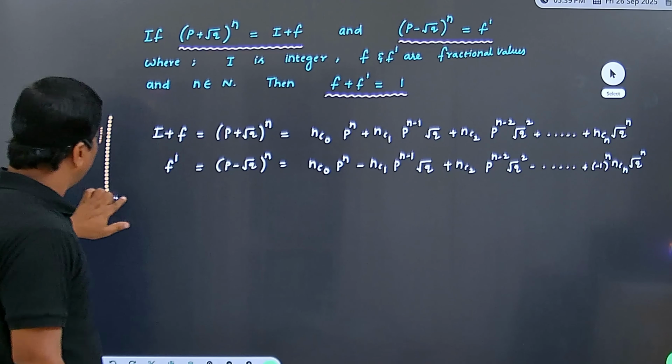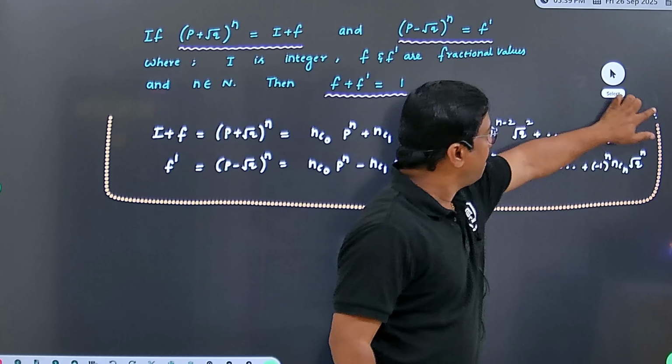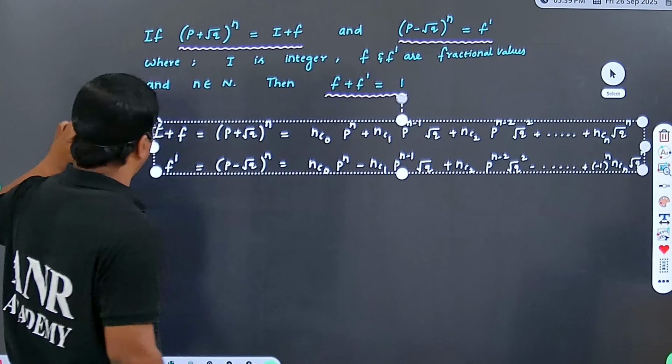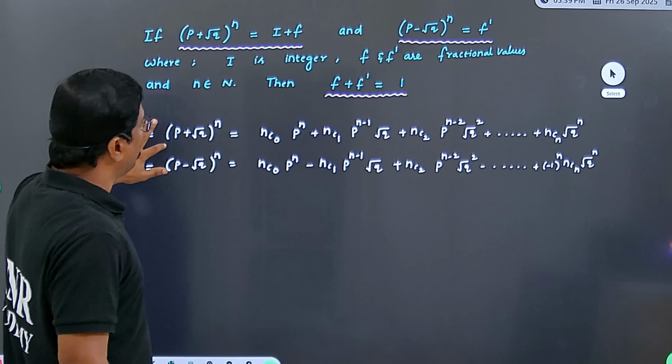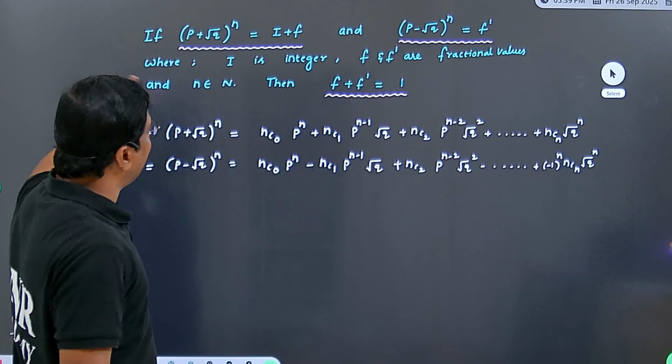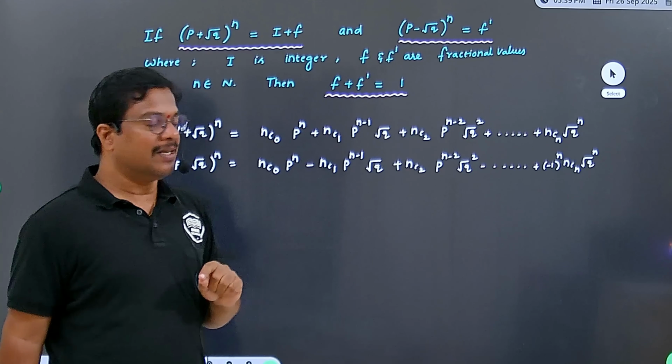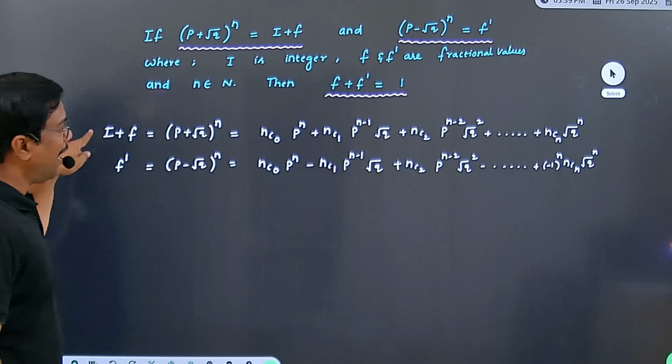Now what I am doing, observe. Here the aim is to find that f plus f dash is 1, so I am going to add these two.